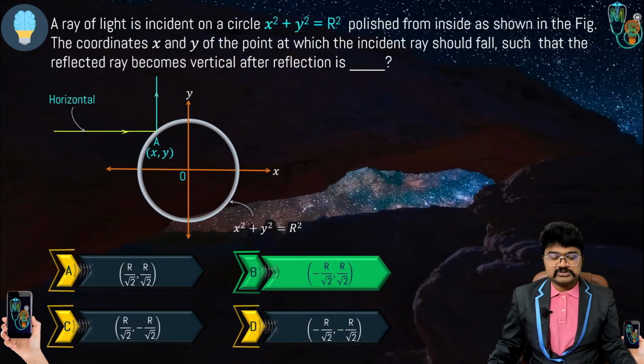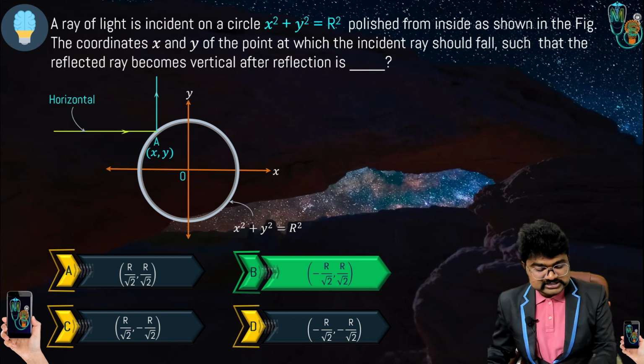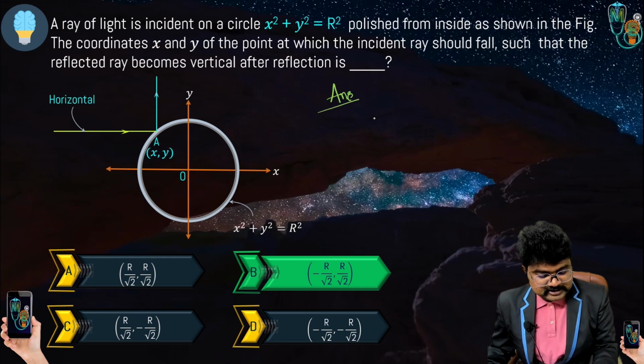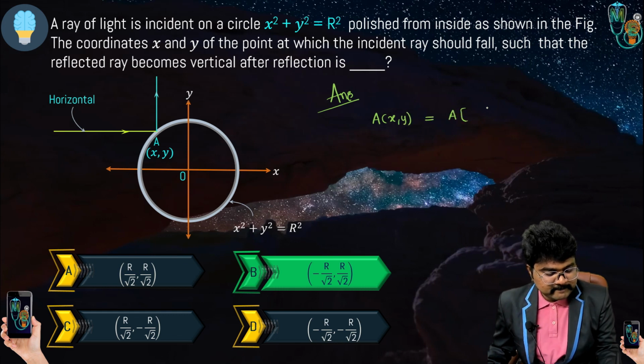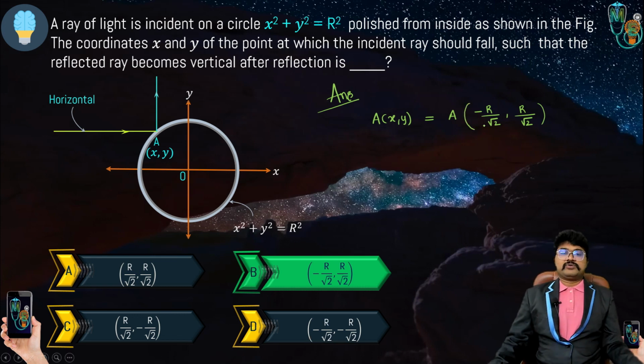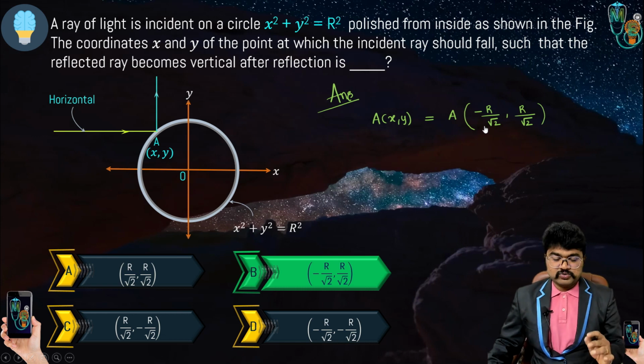What is the answer to this question? A: x comma y equals minus R by root 2 comma plus R by root 2.